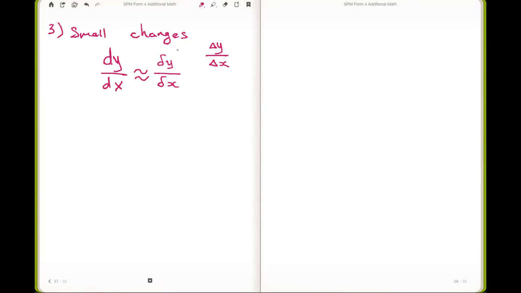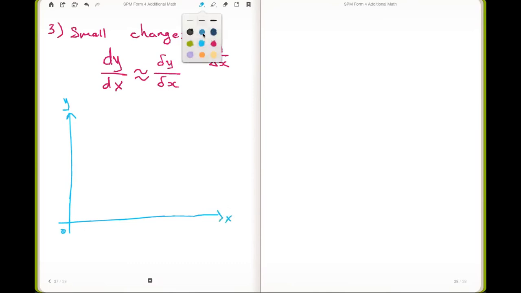Normally you are asked, what's the small change of y or small change of x? Say for example, let me illustrate it using a graph. I have the y and x axes.